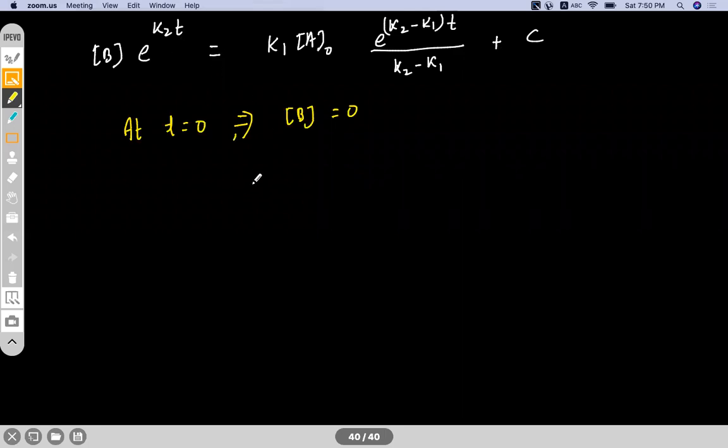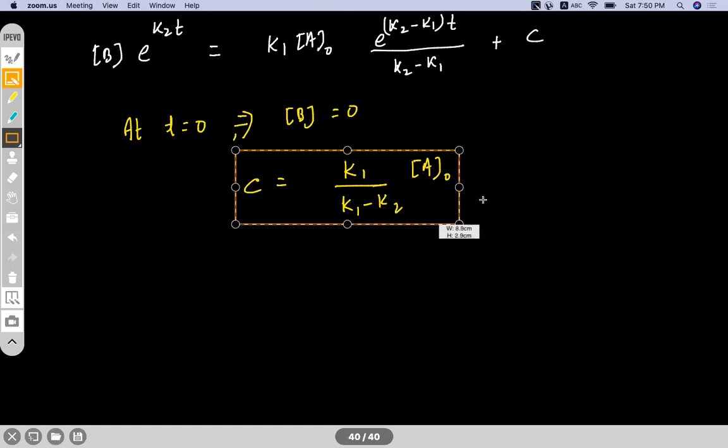C is equal to K1 by, this side becomes 0, so K1 by K1 minus K2. Can I write this directly? Because if it comes this side, we'll have a negative sign. I'll take it inside here, into A0. Is it fine? Yes. Okay. Now we'll substitute this C here and find out B.